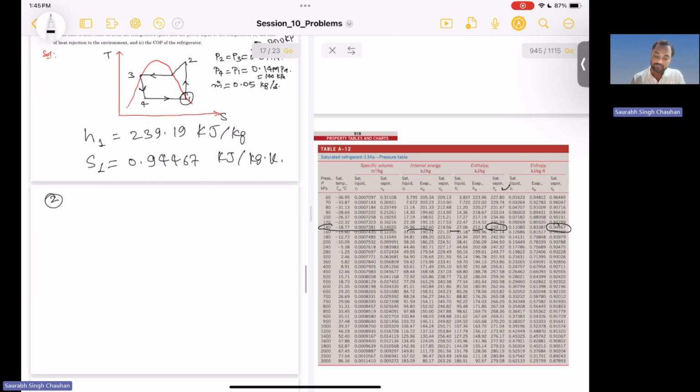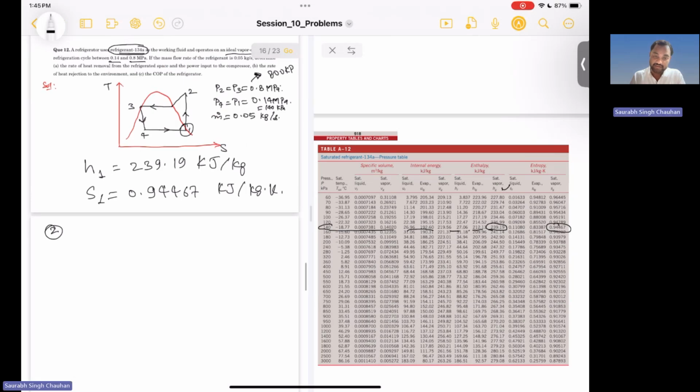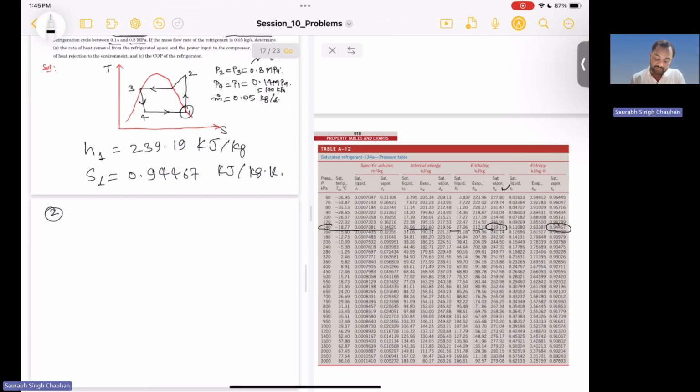Now let us come to point 2. At point 2, this is in the superheated region. So at point 2, you have pressure and you have entropy, because this is an isentropic process for an ideal vapor compression system. So S1 we have already found out. Pressure is how much? 800 kilopascal.